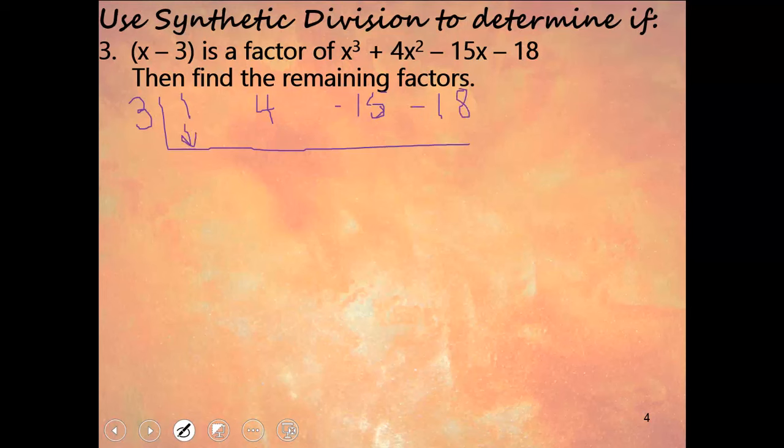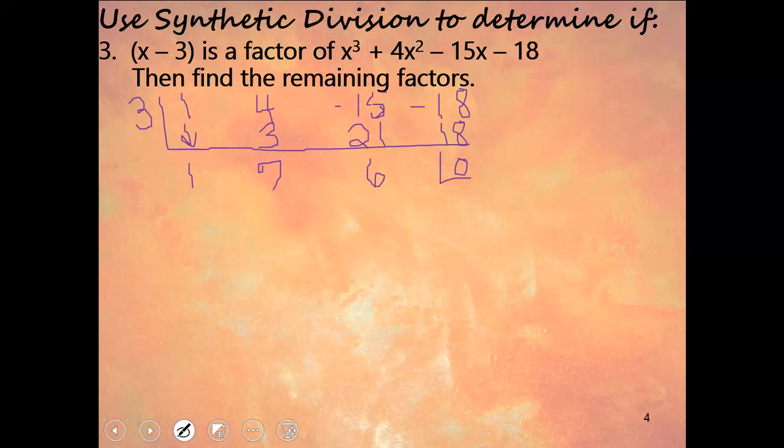We're going to bring down the first coefficient, multiply, and add. We're going to multiply 3 times 7, and we're going to add it to negative 15. We're going to multiply 3 times 6, and we're going to add it to negative 18. That gives us a remainder of 0.